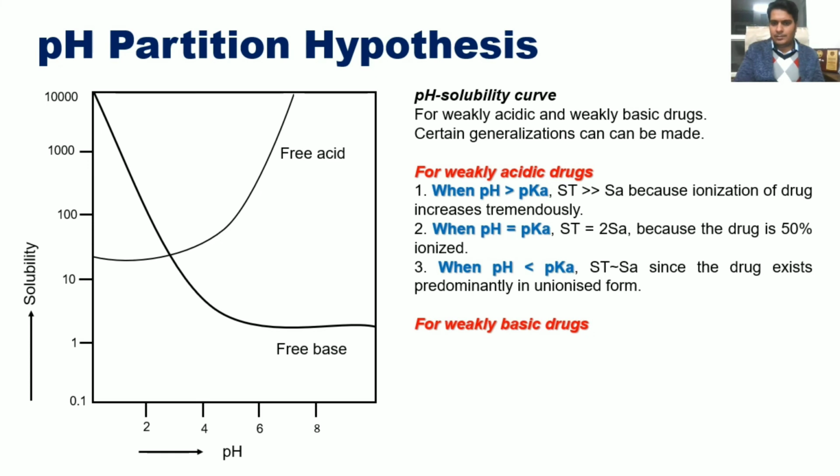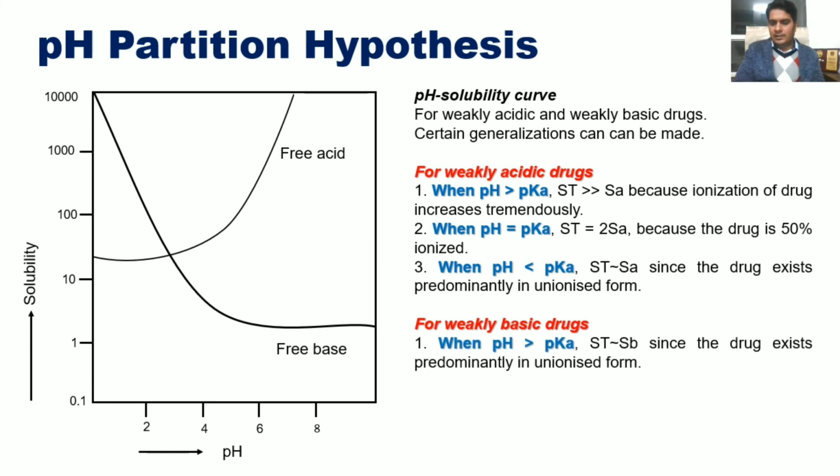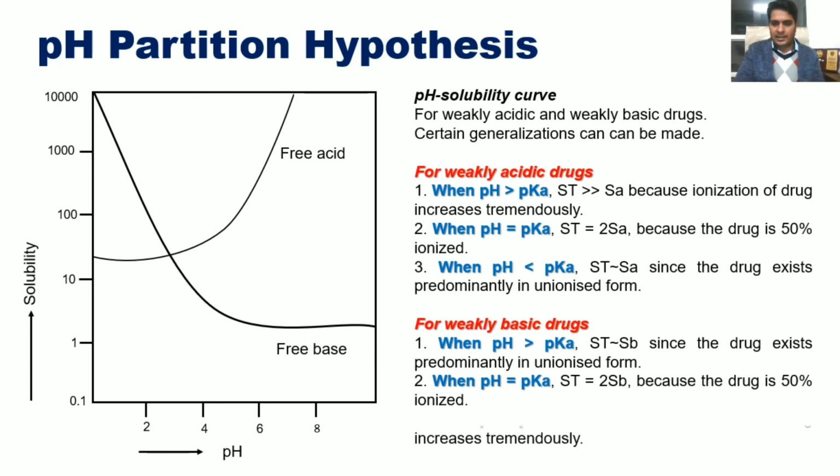Now I talk about the weakly basic drugs. Here, when the pH is more than the pK value, then ST will be equal to SB, since the drug exists predominantly in unionized form. When the pH is equal to pK, then ST will be equal to 2 SB, because 50% of the drug will be in ionized form and 50% will be in unionized form.